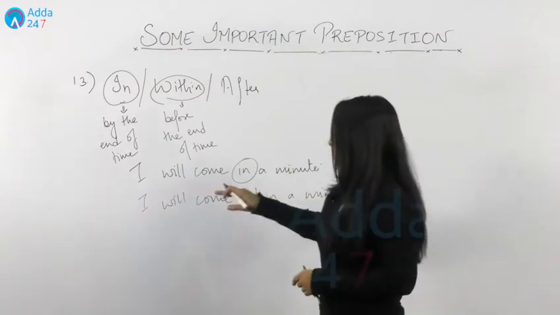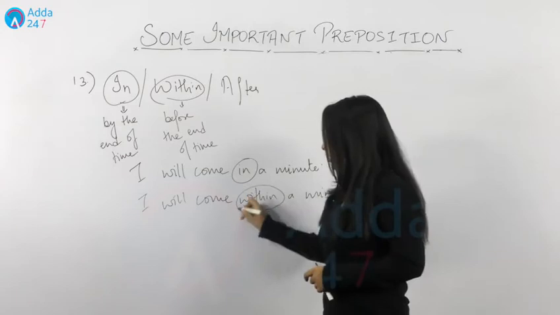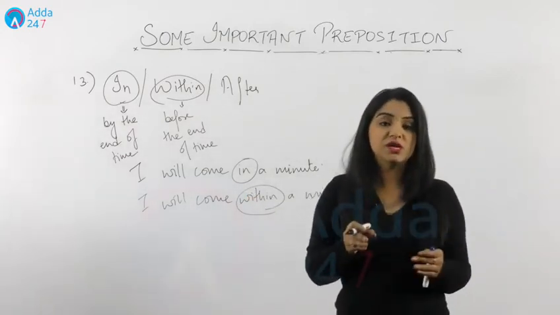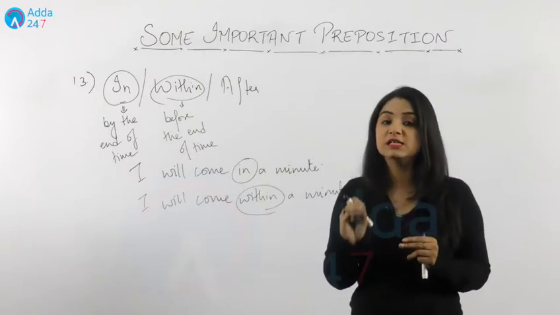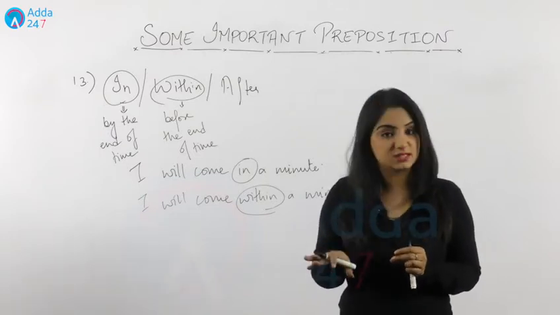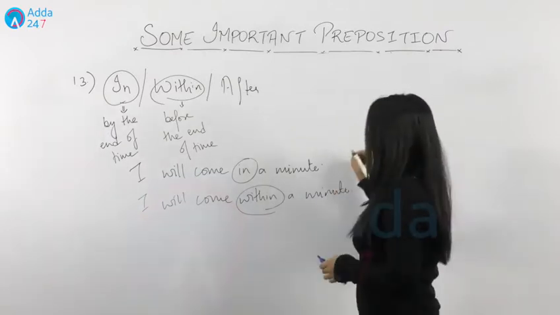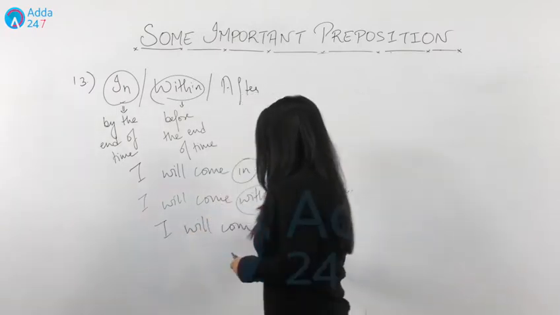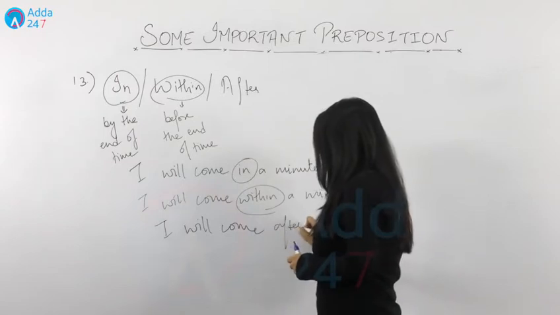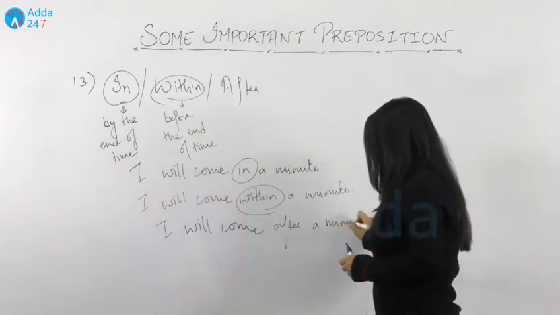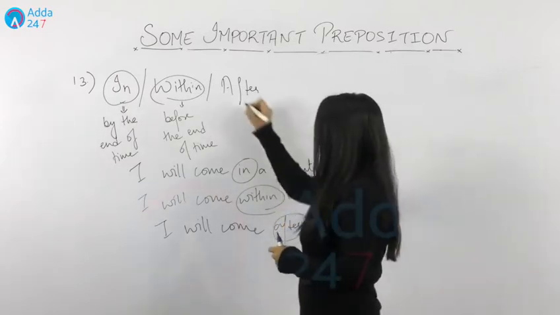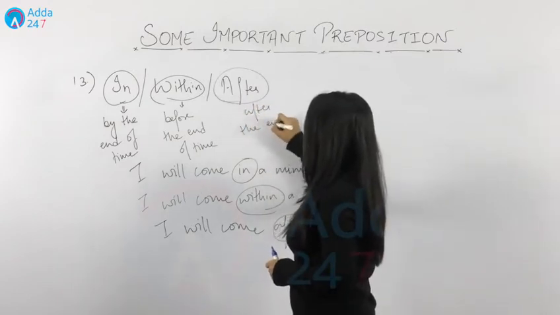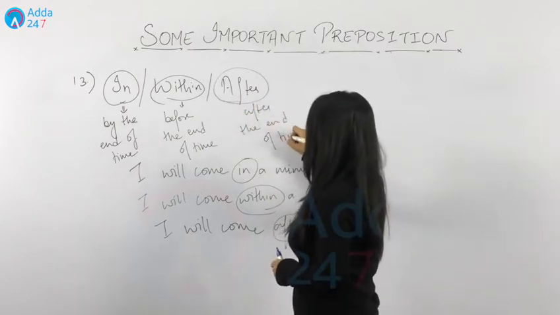But if I say I will come within a minute, here within means before the end of a minute, before 60 seconds. It will not complete 60 seconds. Fine. If I say, I will come after a minute, here after means after the end of time.